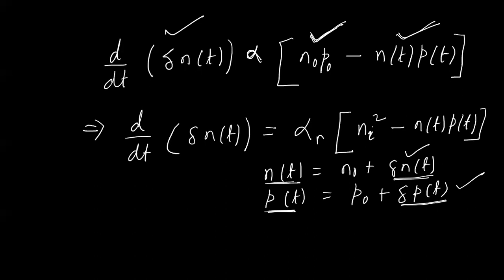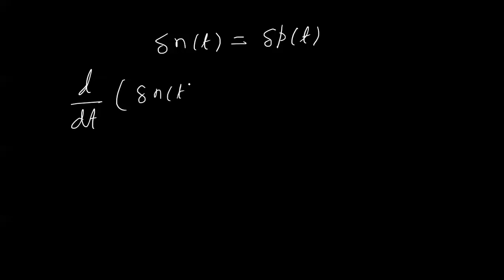Considering that this excitation is direct band to band, we can take delta n is equal to delta p, so delta nt is equal to delta pt, as they are created in pairs. So let us substitute it, then rewrite it: d by dt of delta nt.